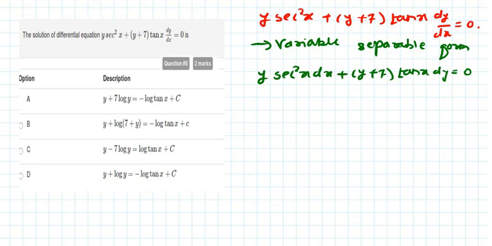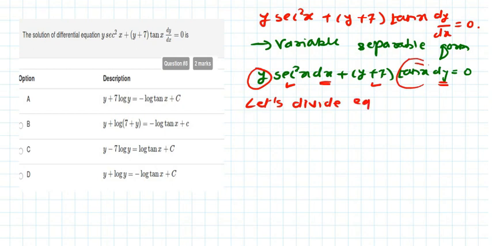Now to convert this to the variable separable form, what do you need? The coefficient of dx should contain only x terms. Where is dx? Here. You will see this y is extra, and the coefficient of dy should contain only y terms. Now this tan x is extra, so let's divide the equation by the multiplication of extra terms, that is y into tan x.